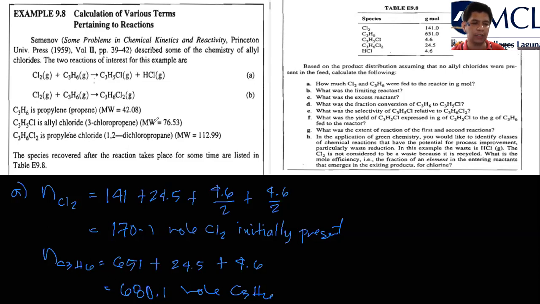So in this particular case, Cl2 initially has the lower number of moles. So therefore, Cl2 is the limiting reactant.